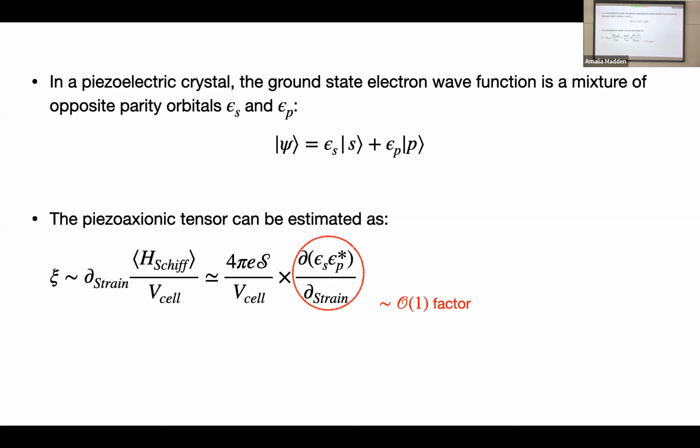So we're hoping it's something that we can improve on in the future. However, one thing we do know is that this should be related to how strongly piezoelectric the crystal is. A crystal that has strong piezoelectric properties would also have a larger factor here.